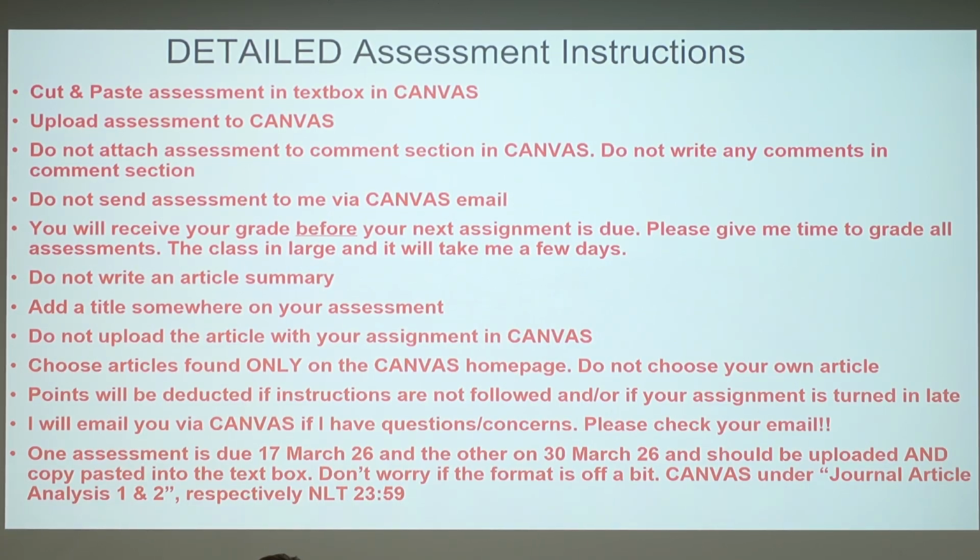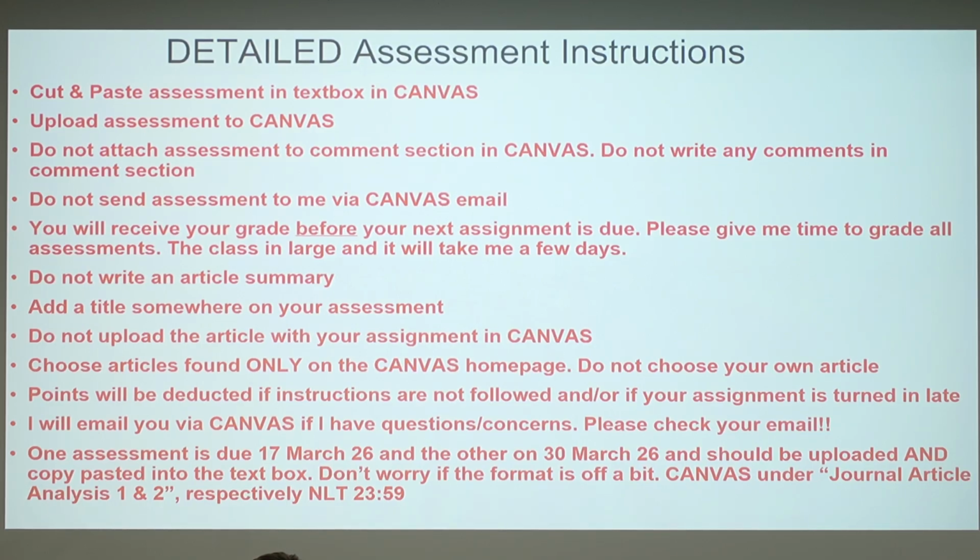Do not attach it, but upload it. Again, do not send me the assessment via email after you've uploaded it. That's going to clog up my email. If I have any questions, or I didn't get yours, or the format is messed up, I will contact you directly to then send me an email, but don't send me an email once you've uploaded it in Canvas.